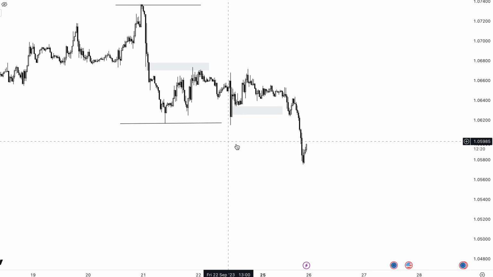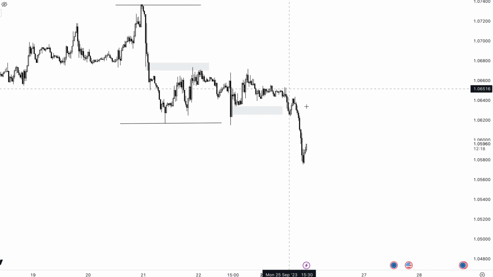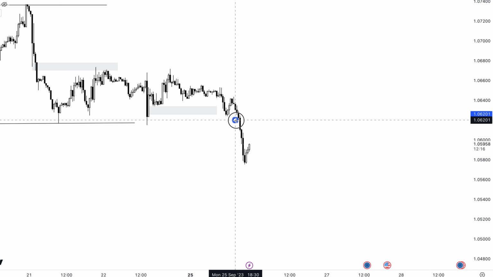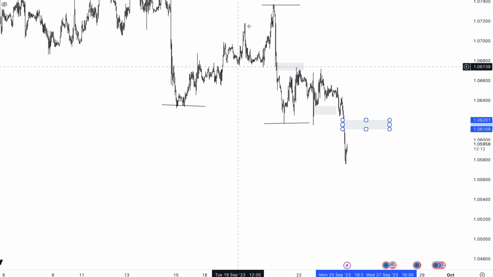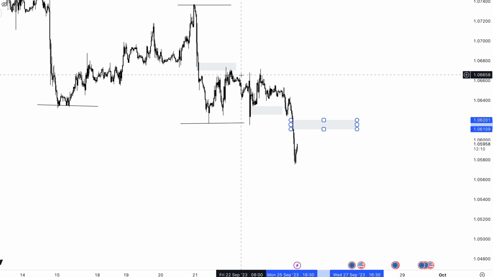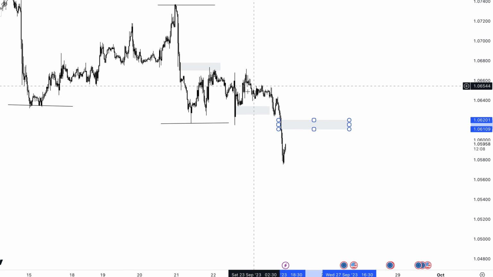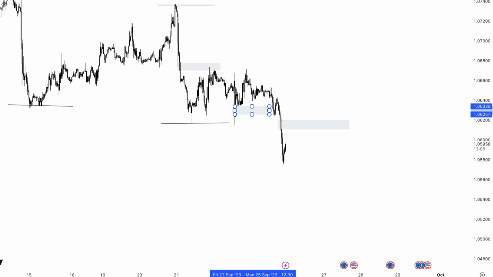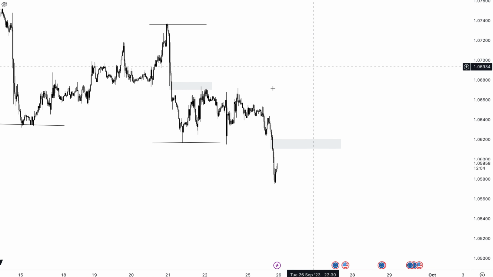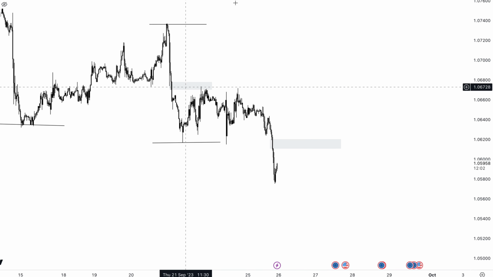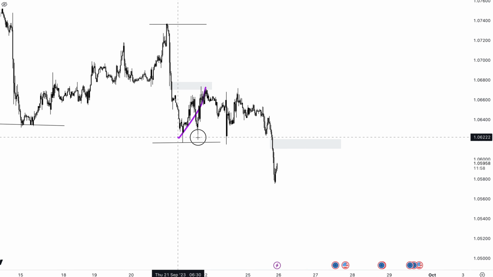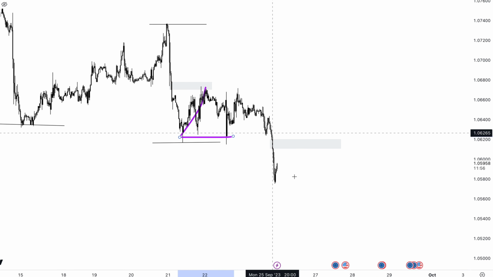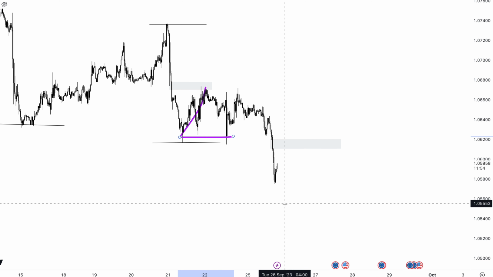Alright, so now that this broke structure, we can take our other box here and look for some more supply zones. We have another gap here, and we can look for potential trades. Alright? So let's get rid of this gray box in the middle to confuse you guys. So it looks to me like price already came back and filled this range right here, judging off of it breaking the double bottoms here, breaking this low here with aggressive momentum.